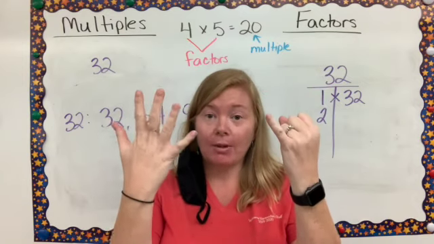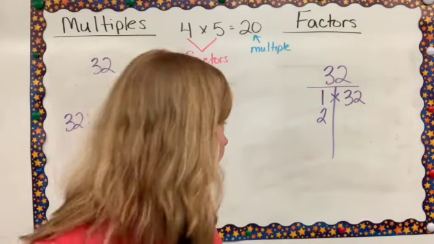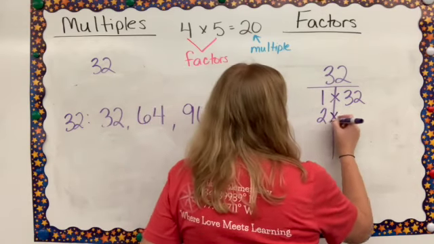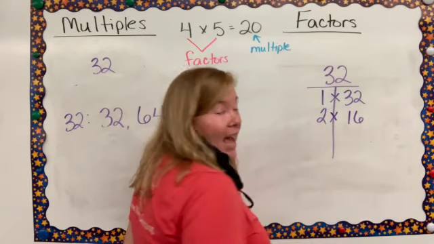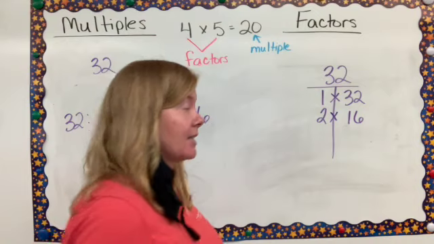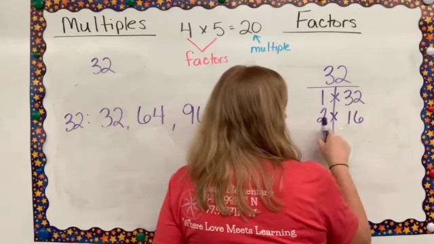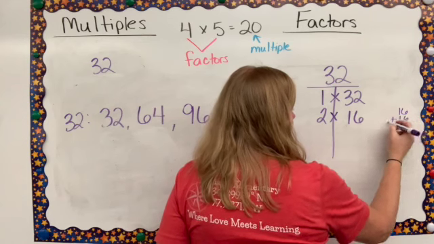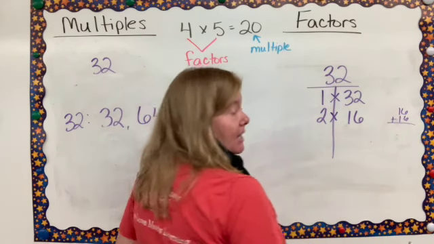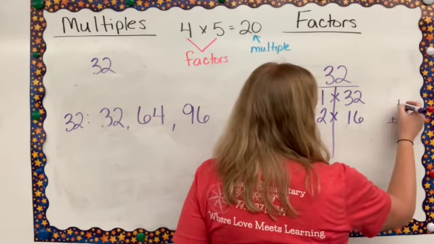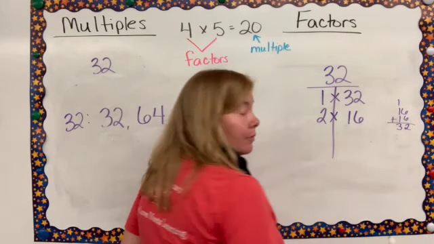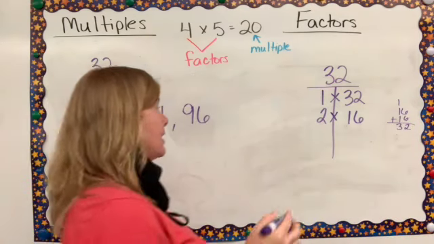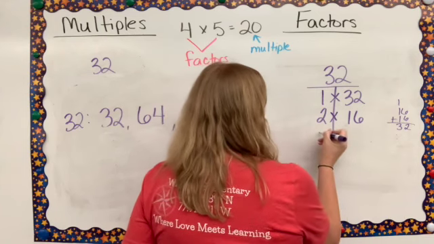So I had 10 plus 6 is 16. So 2 times 16. And just to make sure that I didn't make a mistake, you can always go off to the side and say 2 times 16 is just like saying 16 plus 16. 6 plus 6 is 12. 32. So yeah, I was right. Perfect.